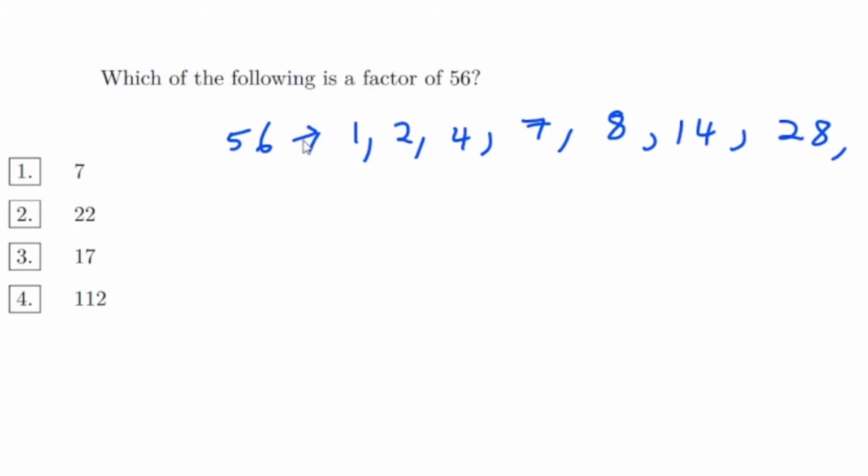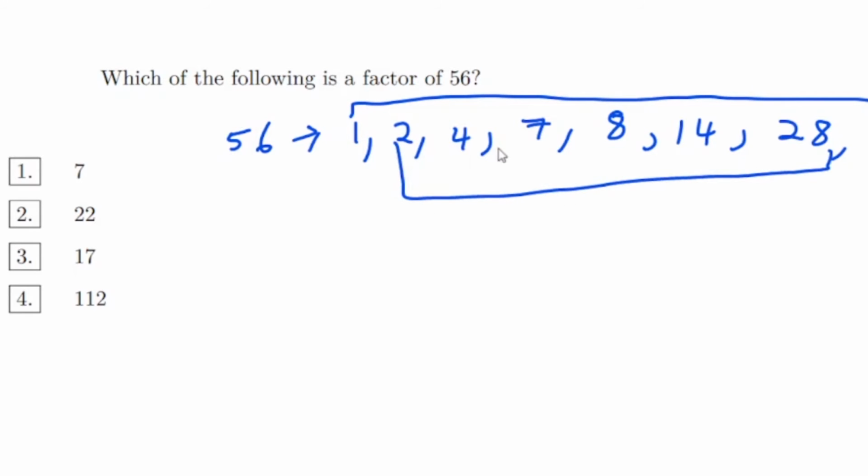So these are all of them, and they go in pairs. So that pairs with that, this pairs with this, and then this pairs with that, and this pairs with this. So, for example, this means that 56 is 7 times 8.